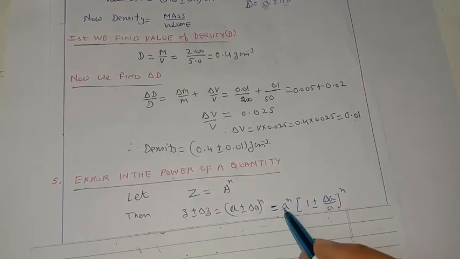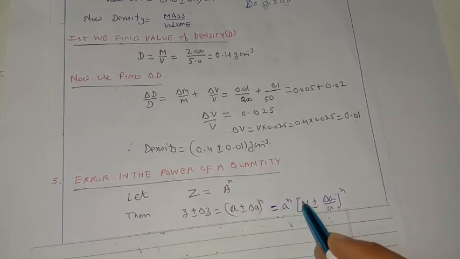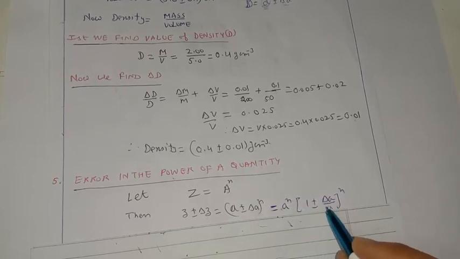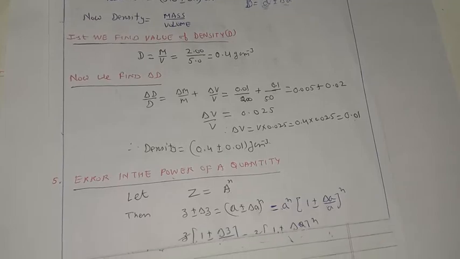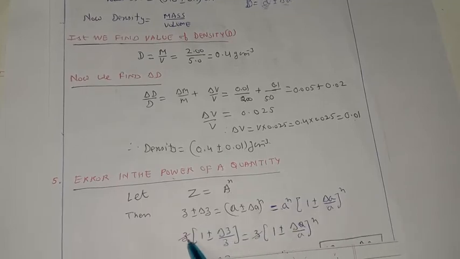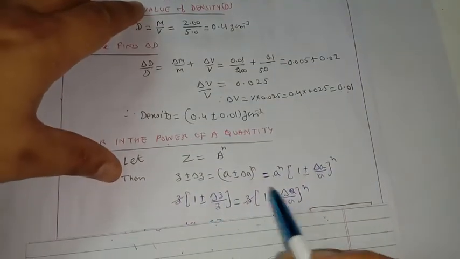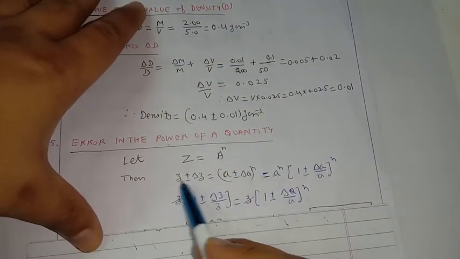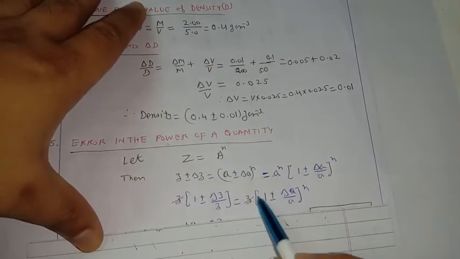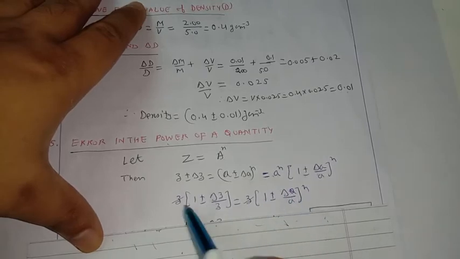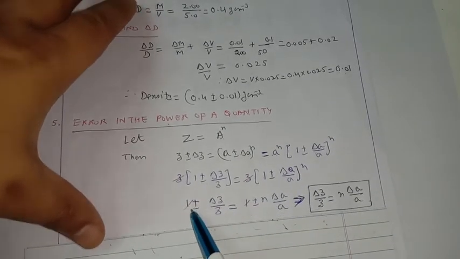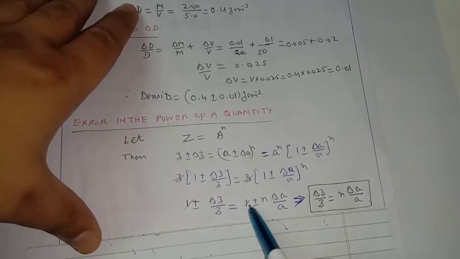So it is equal to A raised to power N into (1 plus minus delta A over A) raised to power N. Or Z common: Z into (1 plus minus delta Z over Z) equals A raised to power N, which is nothing but Z, into (1 plus minus delta A over A) raised to power N. Z and Z cancel. So 1 plus minus delta Z over Z is equal to 1 plus minus N delta A over A.